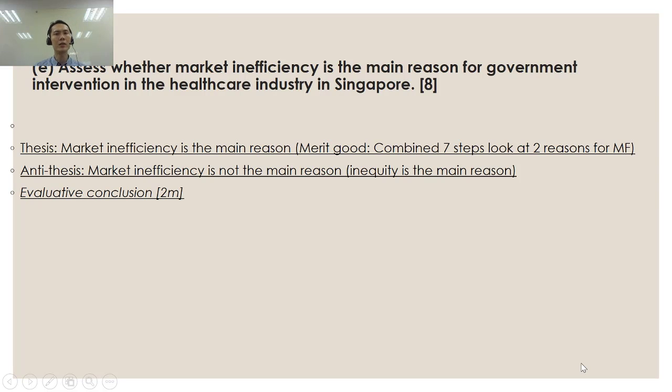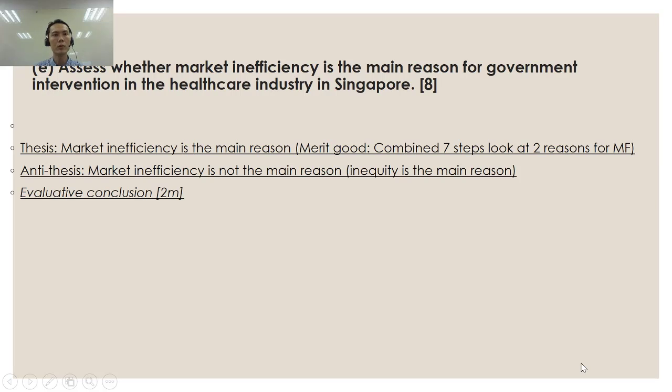There could be an underconsumption of healthcare. But the flip side could be that market inefficiency is not the main reason. Rather, inequity is the main reason. Before you come up with your evaluative conclusion, synthesize your argument between your thesis and your antithesis.